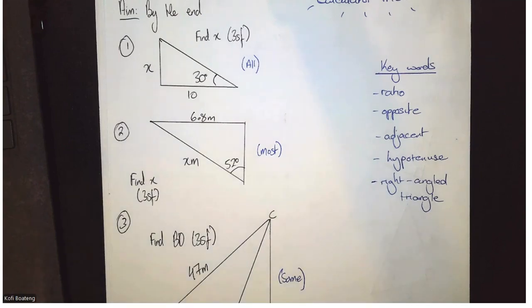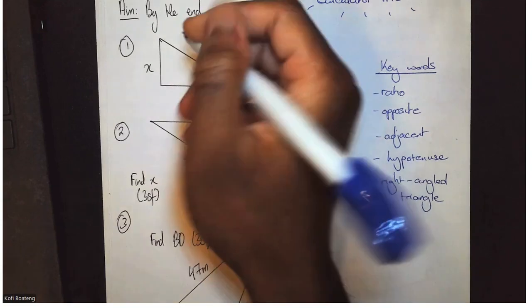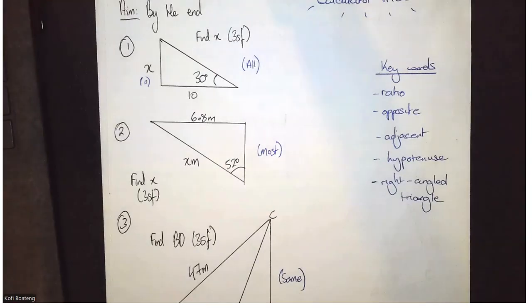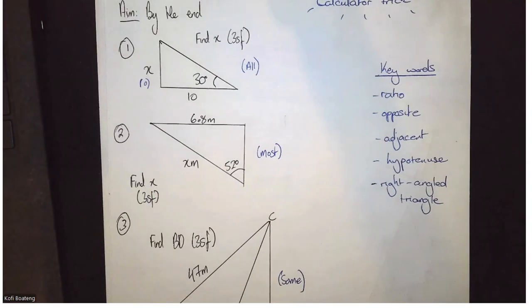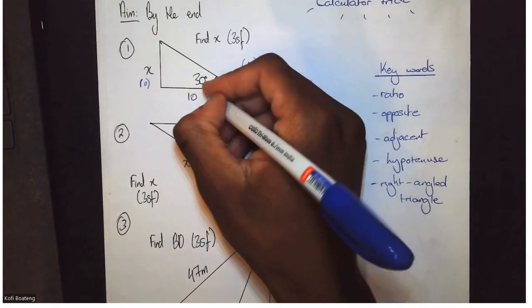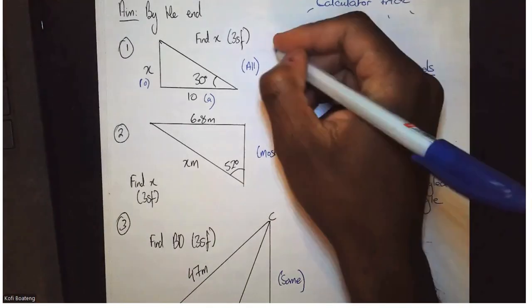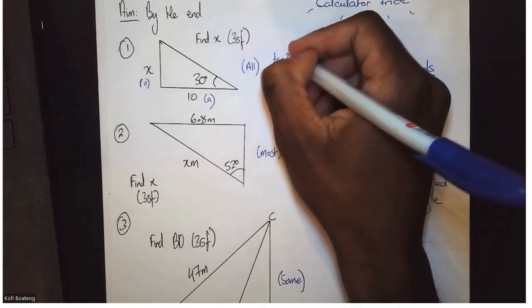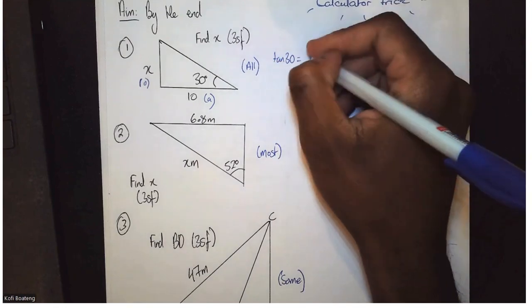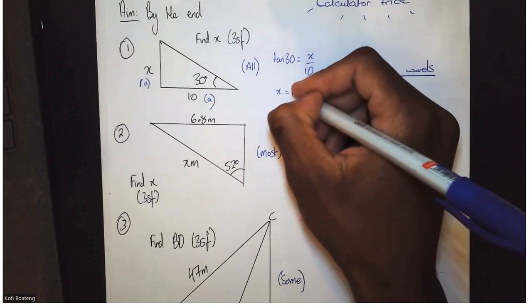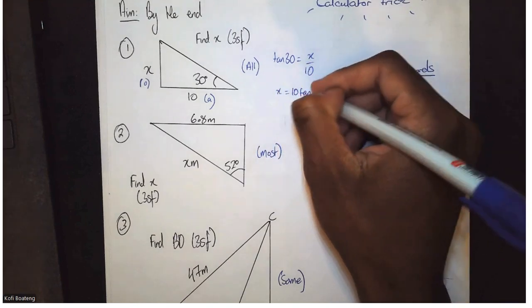With question 1, again, we're going to start with the labeling. This is the opposite. Please do feel free to pause the video and try the question at your own pace. So this is the opposite, and this is the adjacent. So opposite and adjacent is tan. It's going to be tan of 30 is equal to the opposite, which is x, over the adjacent, which is 10. So we know that x is equal to 10 tan 30.